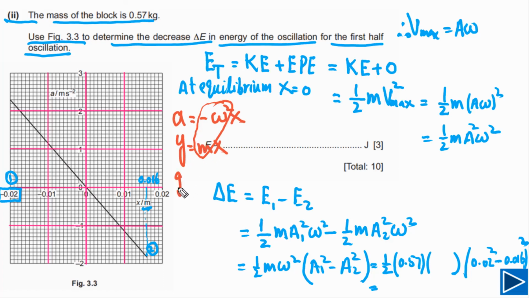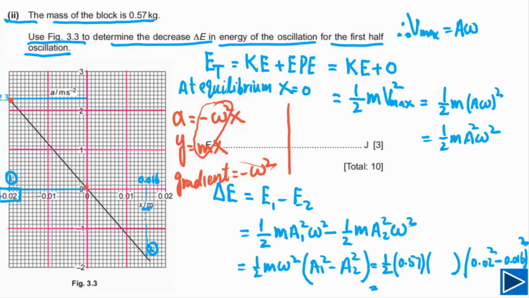So we can write down the gradient of this graph, because we have the graph between a and x, so the gradient of this graph is equal to negative omega squared. If we find the gradient, we will take 2 points. We will take this one point and this one we will take as our second point. So we need to find out coordinates of these 2 points.